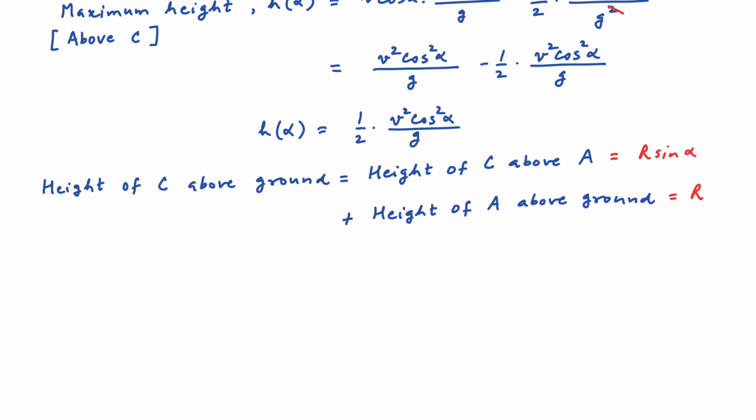Therefore, the total height of the mud particle, let's denote it by h subscript t of alpha, is equal to r plus r sine alpha plus the height attained by the mud particle above the point C, which is half of v square cos square alpha upon g. Now this is what we have to maximize.